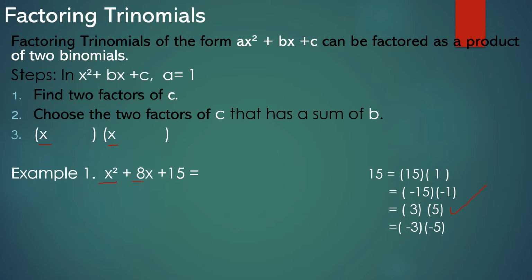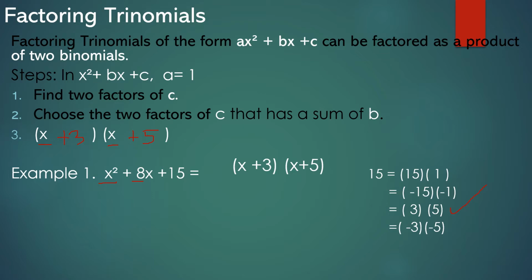And then, yung factors na napili natin is 3 and 5, so you just put plus 3 here, and on the other side is plus 5. And that is the factored form of x squared plus 8x plus 15, which is equal to the quantity x plus 3 times the quantity x plus 5. It's easy, right? So, ganun lang.